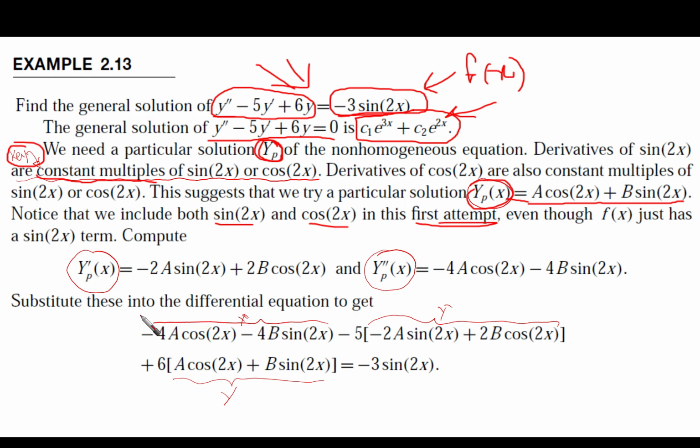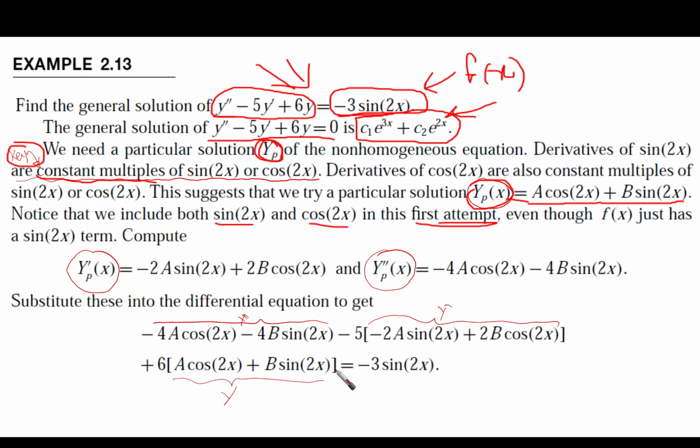Substitute y prime, y double prime and y into the non-homogeneous equation and rearrange it. The first term is y double prime, with the two terms that we have already obtained. Then minus 5 times y prime, take care that we have minus here, which is minus 2a sine 2x plus 2b cosine 2x.